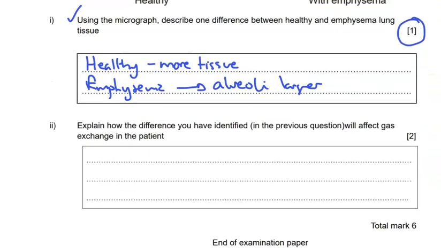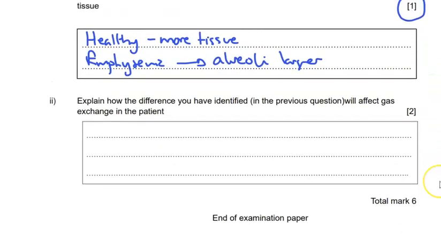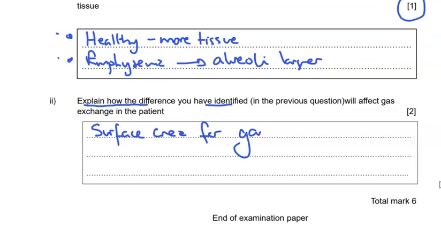And then to the final section of the final question, we're asked to explain how the difference you have identified, so which one of these did you do, will affect gas exchange in the patient. Now, it doesn't actually matter which one you choose, because the implication is always to do with the available surface area for gas exchange.